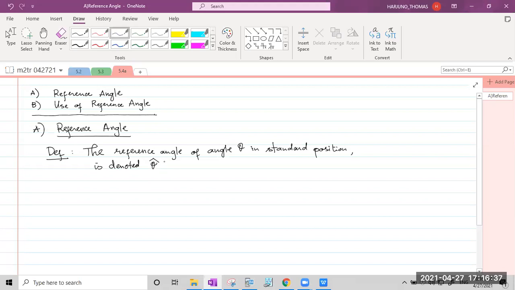Our textbook uses theta subscript r, but I will use theta hat.